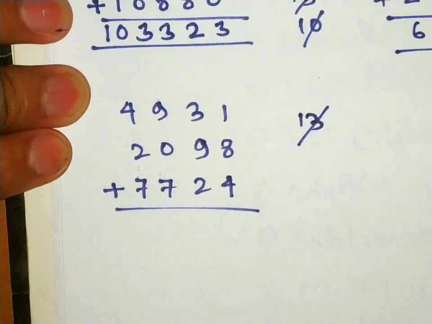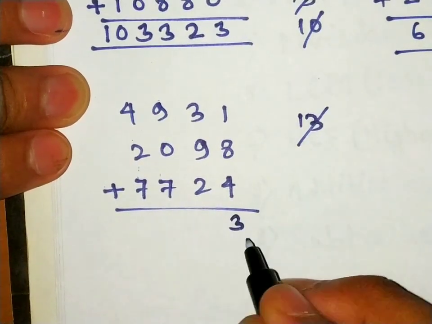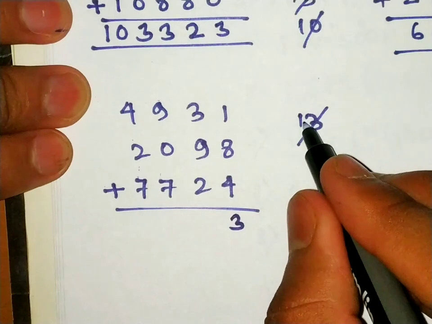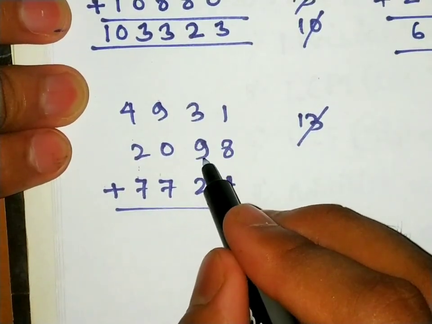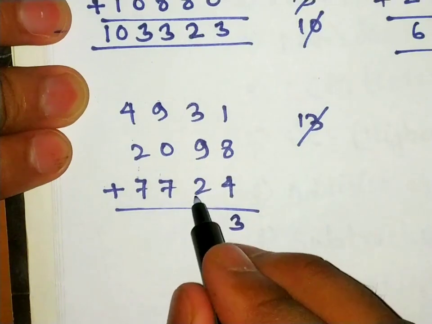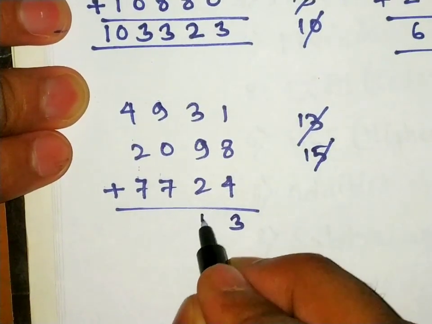Here 13, take 3, note down 3 and left 1 carry. 3 plus 1 carry is 4. 9 plus 4 will be 13. 13 plus 2 is 15. 15 here, write down 5.